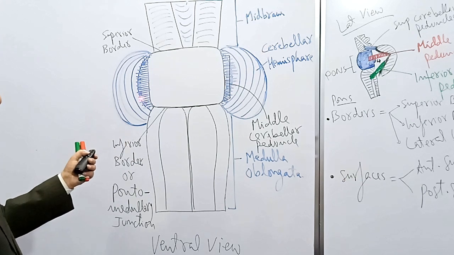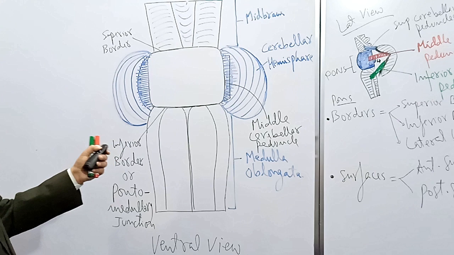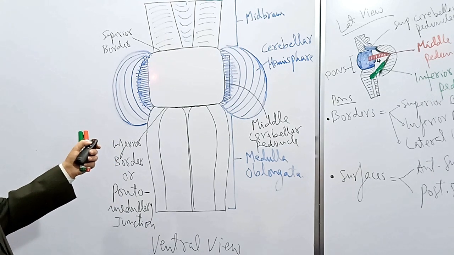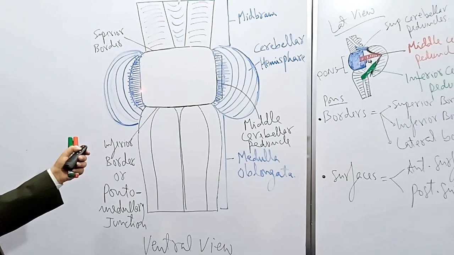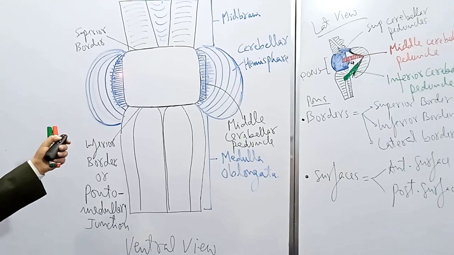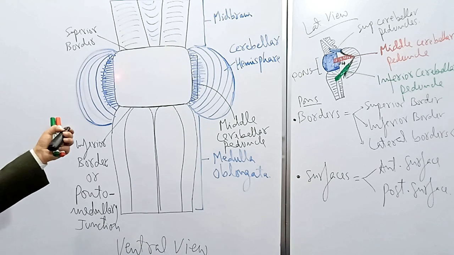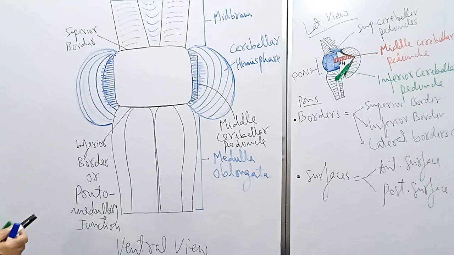These peduncles enter the pons along its lateral border. Therefore, it is not easy to differentiate between the anterior surface of the pons, then the lateral border, and then the anterior aspect of the middle cerebellar peduncle. But the emergence of the trigeminal nerve here will help us to differentiate between the anterior surface of the pons and the middle cerebellar peduncle.